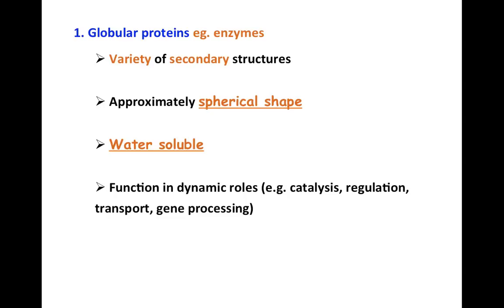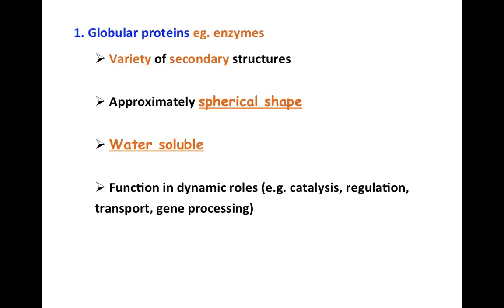Right, so globular proteins, for example, enzymes. Now, globular proteins will have a variety of secondary structures. And if you're not too sure what a secondary structure is, don't worry. When we continue with amino acids and proteins, we're going to be talking a lot more about the different structures of protein: primary, secondary, tertiary, and quaternary.